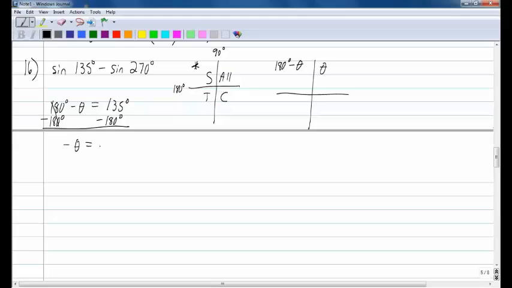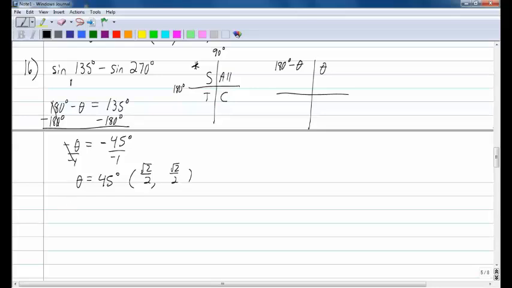So I get negative theta equals negative 45 degrees. Now divide both sides by negative 1. Theta is equal to positive 45 degrees. We associate 45 degrees with the point square root of 2 over 2, square root of 2 over 2. And then sine, we said it's going to be positive, and it's the y-coordinate. So the sine of 135 degrees is square root of 2 over 2.